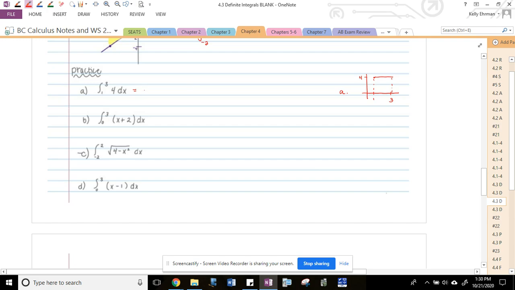Height is 4. 2 times 4 is 8. All right, for part B, I need to graph the line x plus 2 on the interval 0 to 3. When you plug in 0, you get 2. When you plug in 3, you get 5.